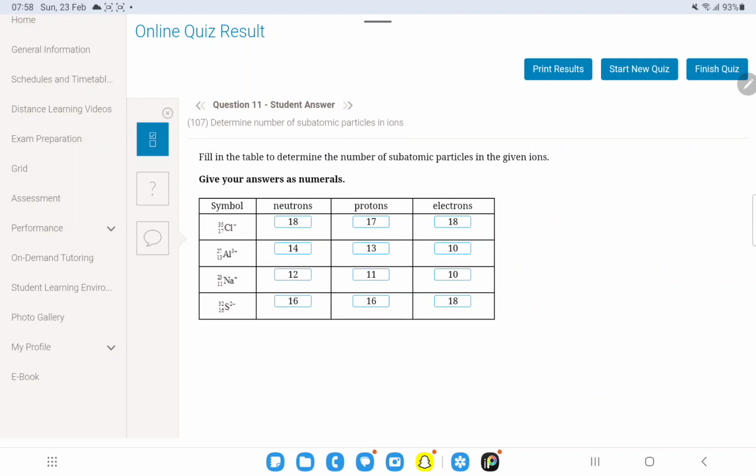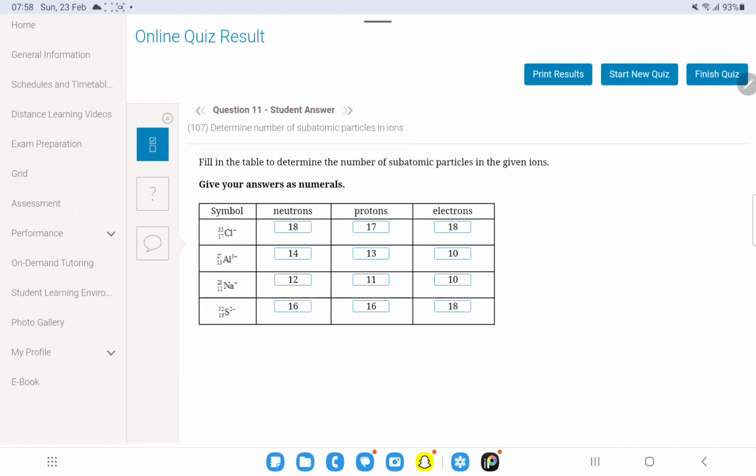The one before the last, 23 11 Na+. Neutrons, big number minus small number, 23 minus 11 equals 12. Protons, the number that's down, or the small one, 11. And electrons, 11 minus plus 1. So this plus you don't have to put, so 11 minus 1 is 10.